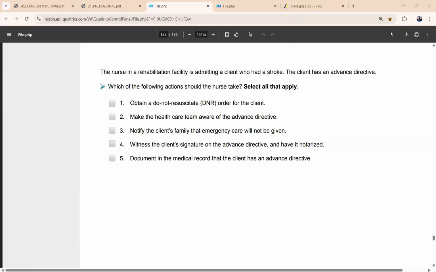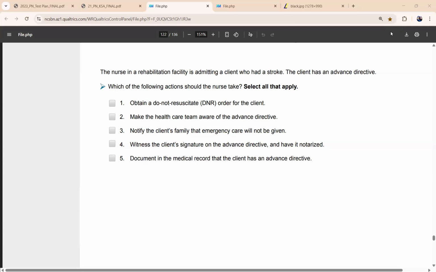And five: document in the medical record that the client has an advance directive. So 2 and 5 for sure.